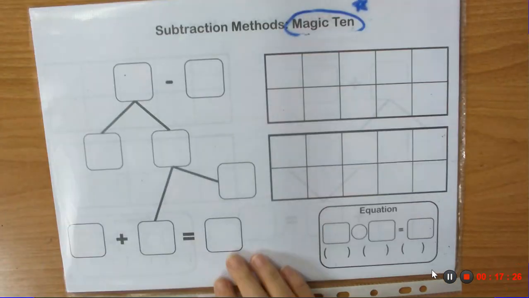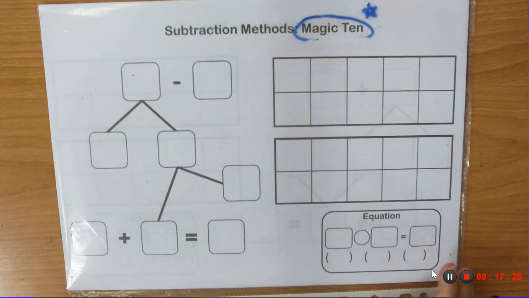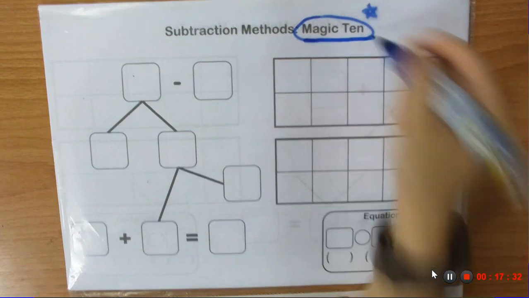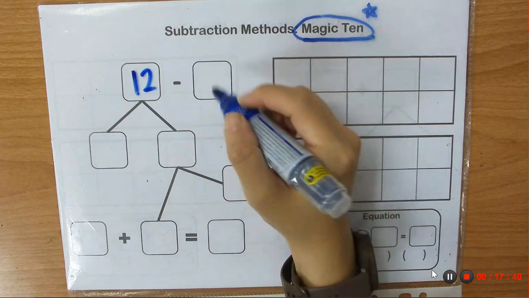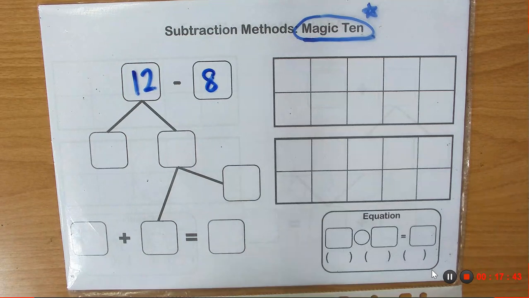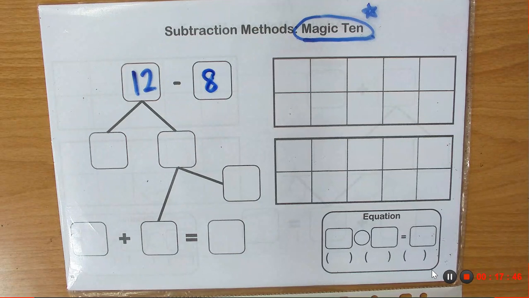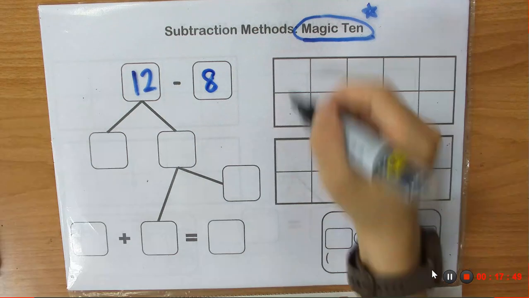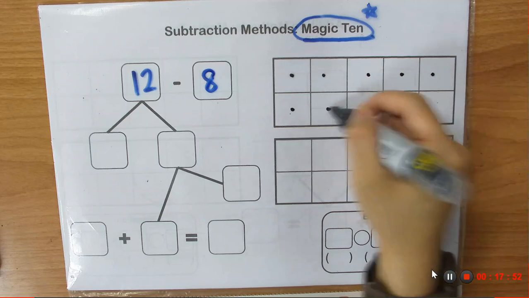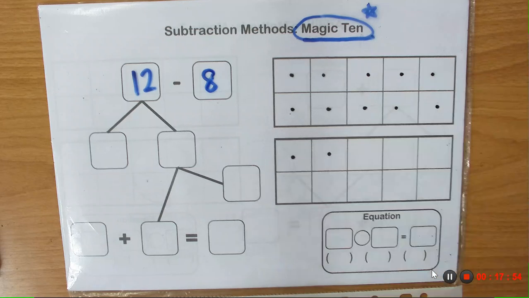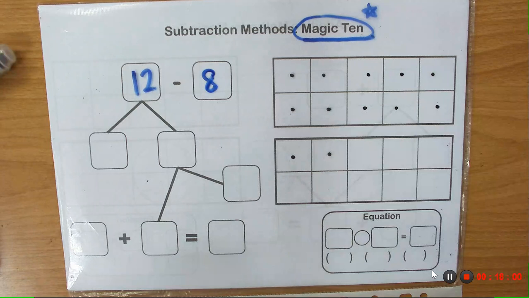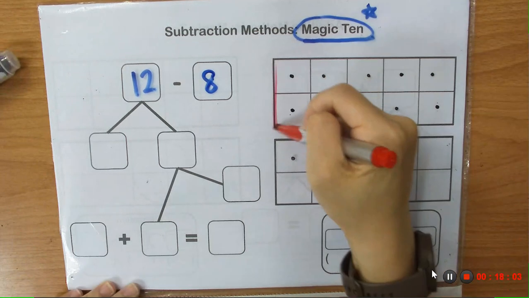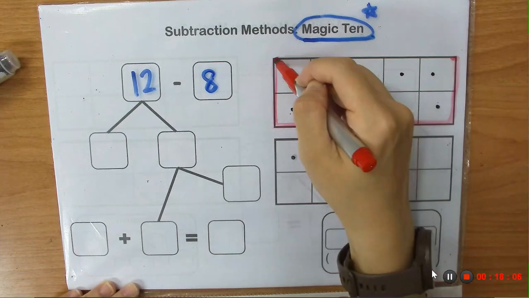Okay, if the question is 12 minus 8, what strategy would I choose? Will I subtract from the ones or do I subtract from the tens? That's right.